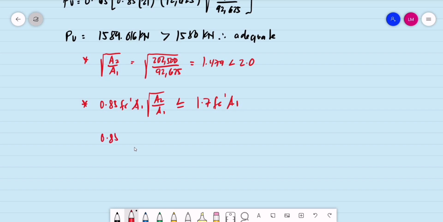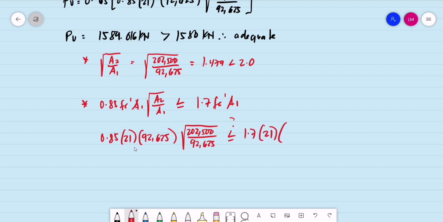We have 0.85 of f'c, 21 megapascals, and area 1 is 92,625, multiplied by the square root of 202,500 divided by 92,625. Is it less than or equal to 1.7 of f'c, which is 21 megapascals, and area 1 is 92,625?